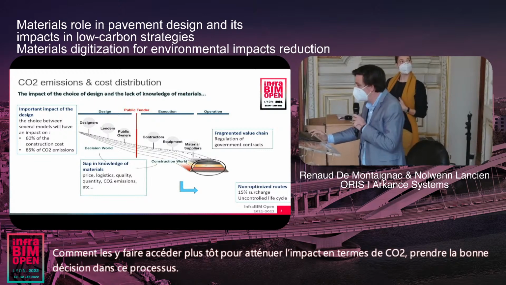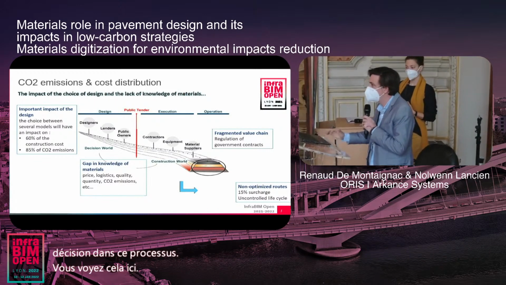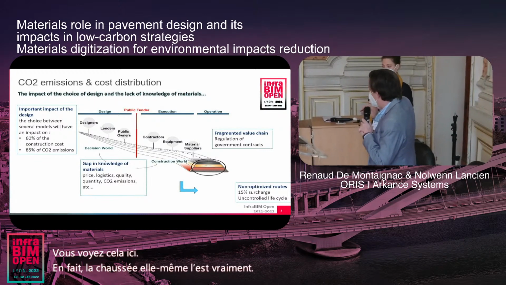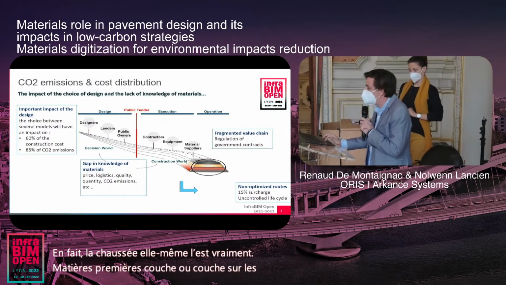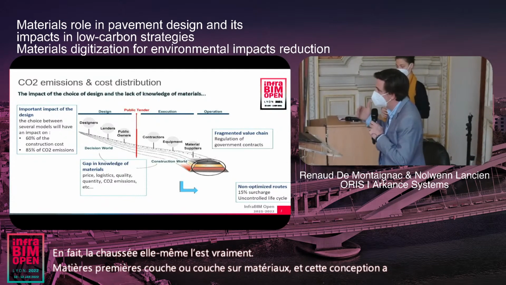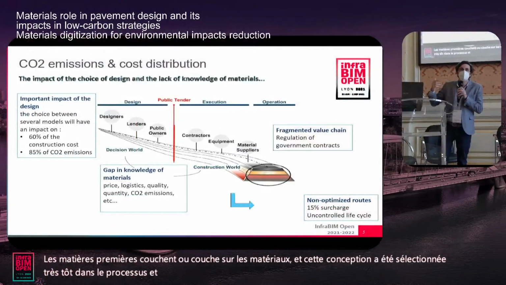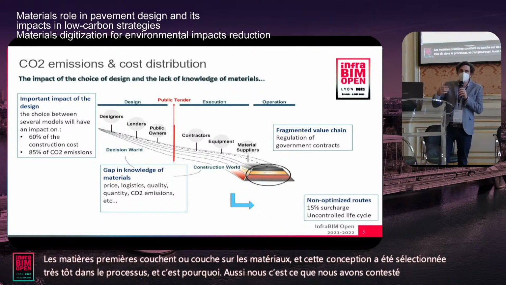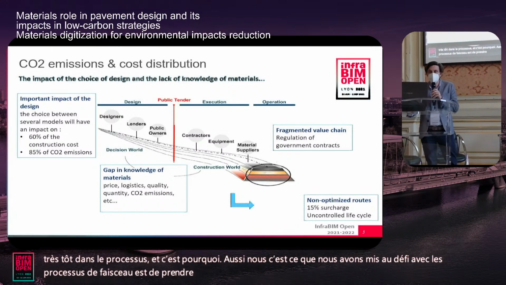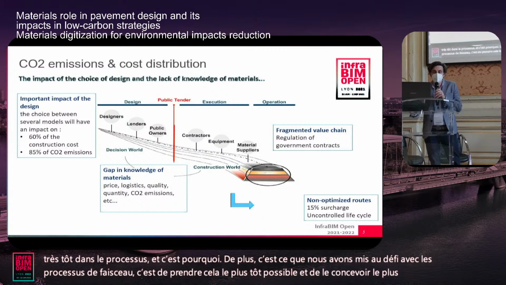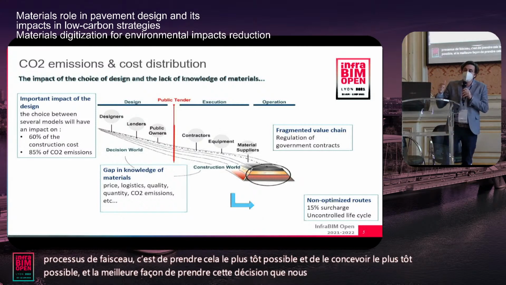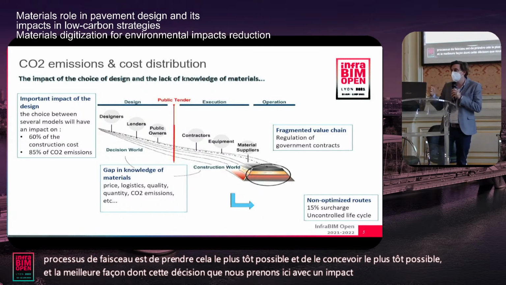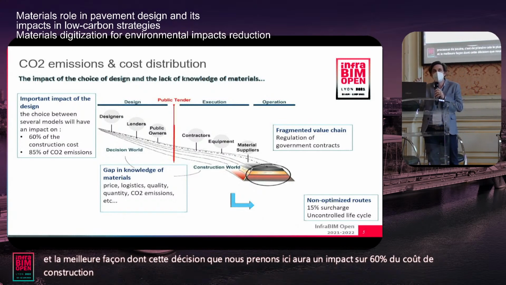You see here that, in fact, the pavement itself is really raw materials, layer on materials, and this design has been selected really early in the process, and that's what we challenge with the BIM processes. Take this as early as we can and design it as early as we can in the best way. This decision that we take here will impact 60% of the construction cost and 85% of the CO2 emissions for this pavement.